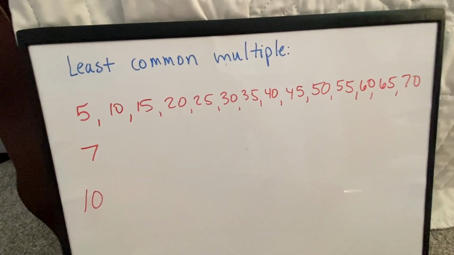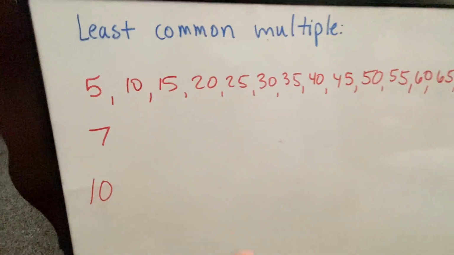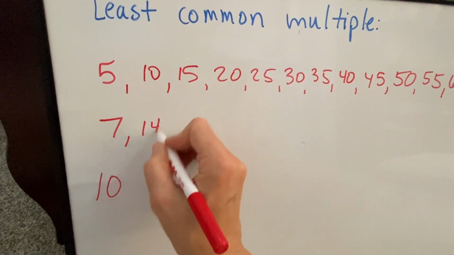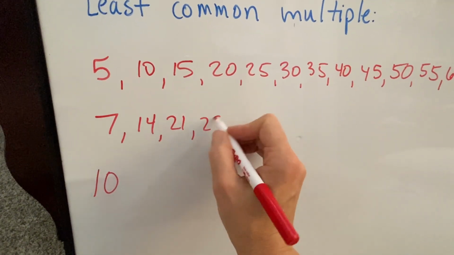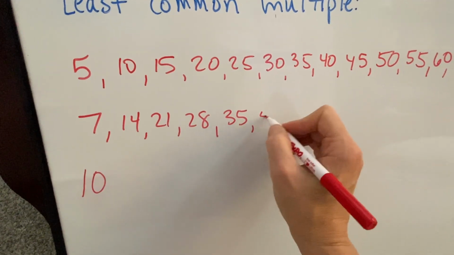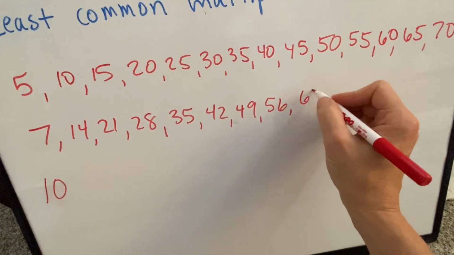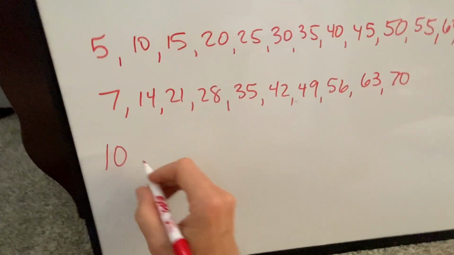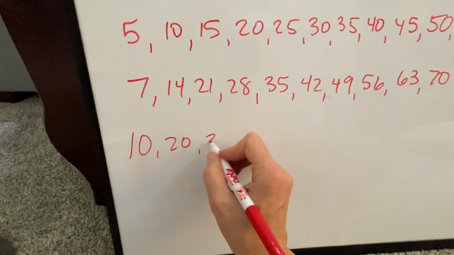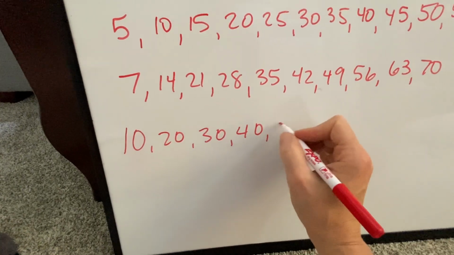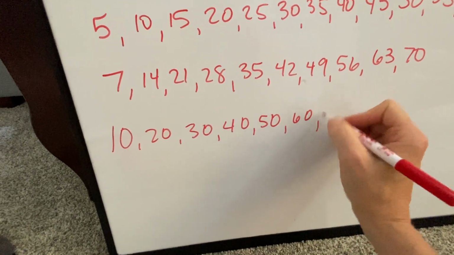All right, we'll stop, we ran out of room. Now 7: 7, 14, 21, 28, 35, 42, 49, 56, 63, 70. And 10: 10, 20, 30, 40, 50, 60, 70.